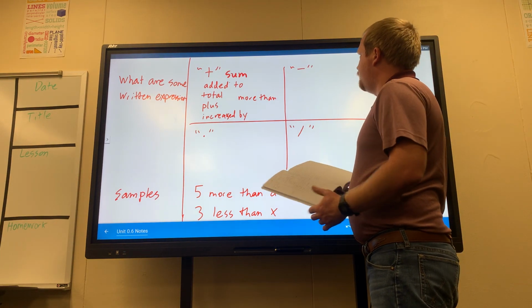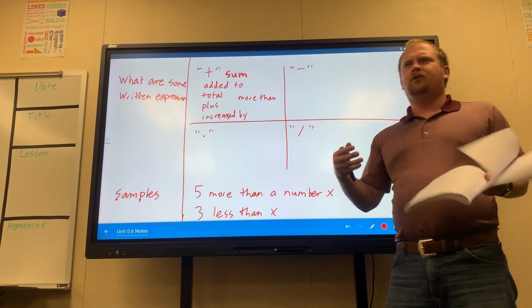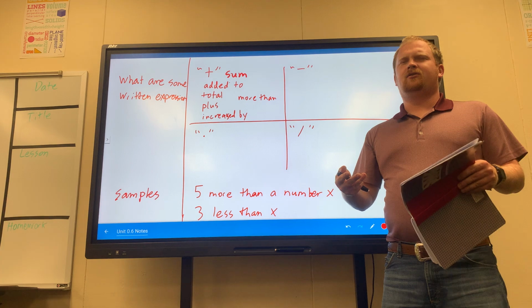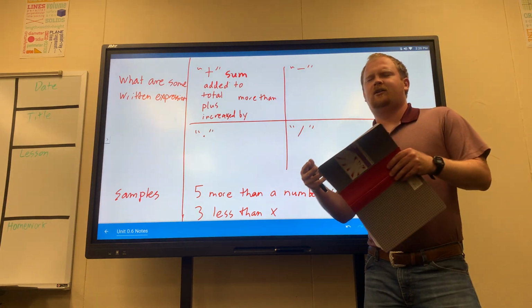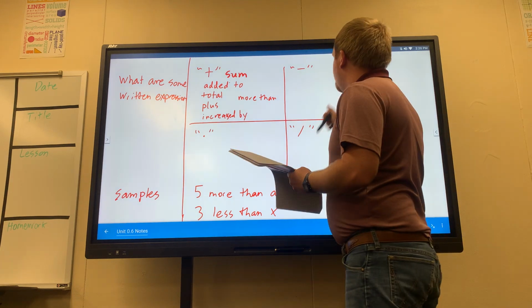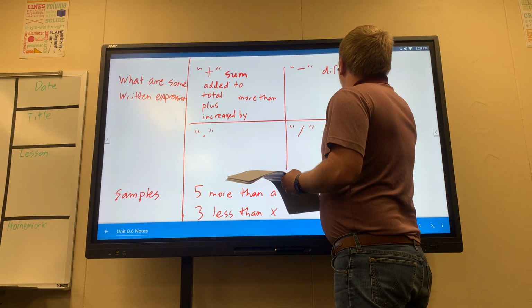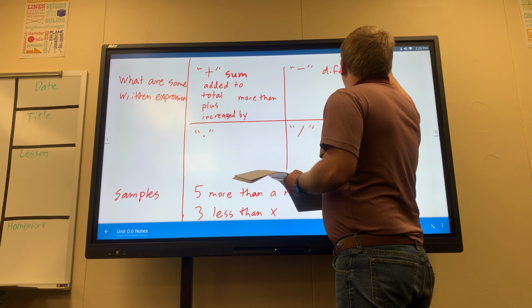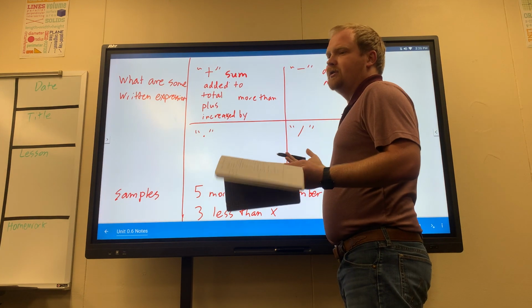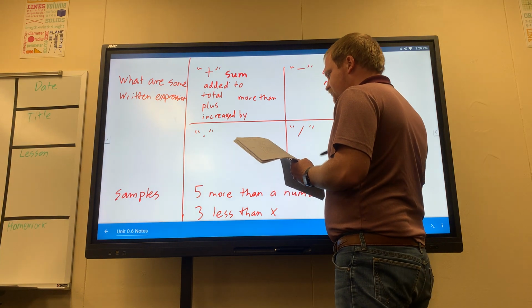Next step is subtraction. What are some of the words that we think of when it comes to subtracting? Well, the answer of the number that is subtracted from 2 is basically a difference. Another way we say subtraction would be minus. 2 minus a number, that's one example.